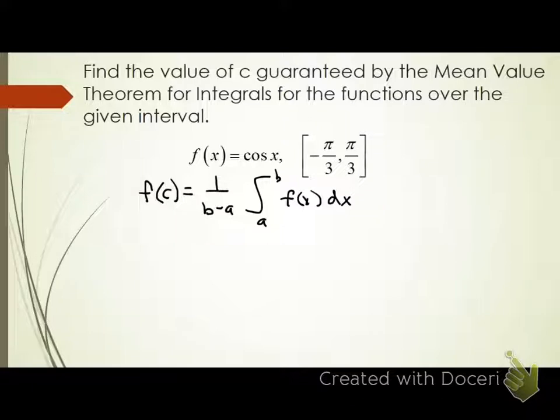So f of c equals 1 over, so I need you guys to help me out here, pi over 3 minus negative pi over 3 would be what? 2 pi over 3?